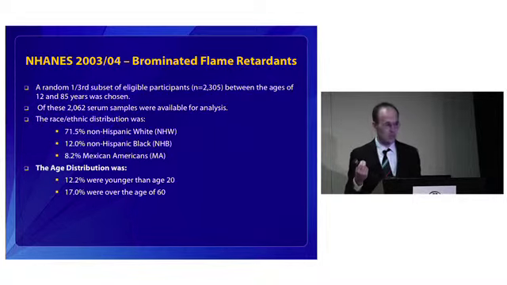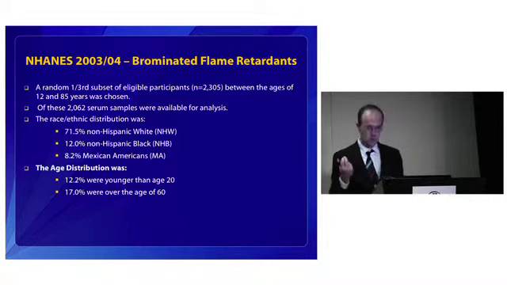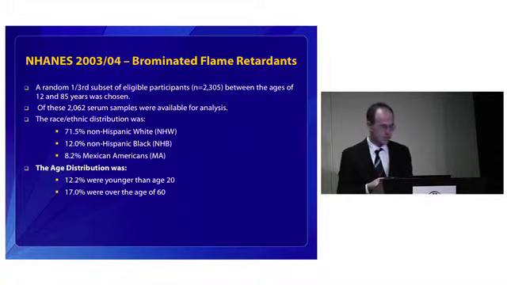And the latter is actually oversampled in NHANES to obtain a statistically representative sample for Mexican Americans. But we account for this by using sample weights to make the final estimate representative of the US population as a whole. And for younger and older individuals, we had about 12 and 17% that were either less than 20 years of age or over the age of 60.